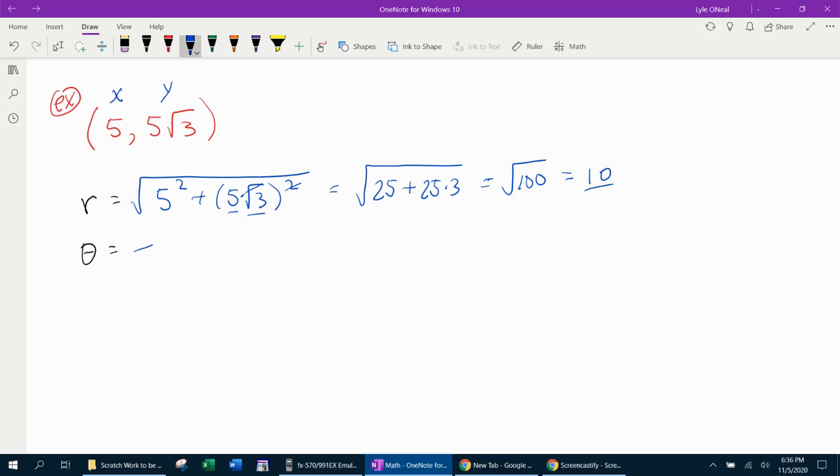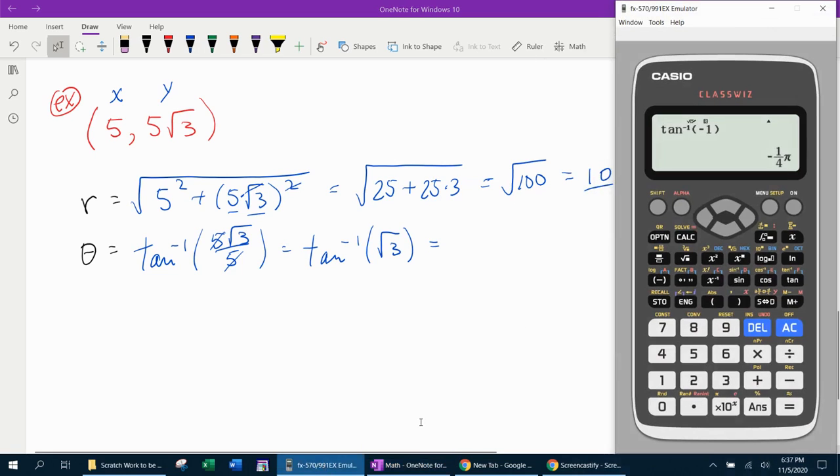And our angle is going to be the inverse tangent of y over x. And those 5's will cancel, which will simplify to the inverse tangent of positive square root of 3. And that we can get from the calculator.